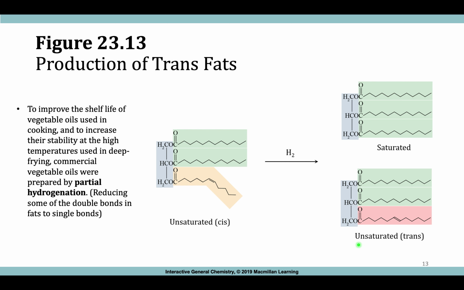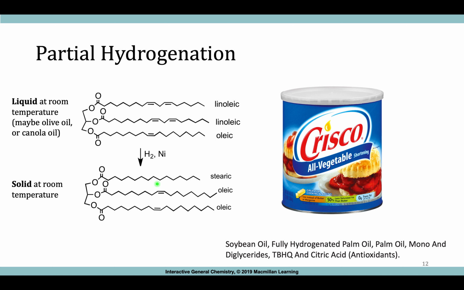So during our partial hydrogenation process, this is ideal: we keep all of our cis bonds, but some of them could be transferred to trans bonds, and those are not natural fats. Our body does not really know what to do with the trans bond.